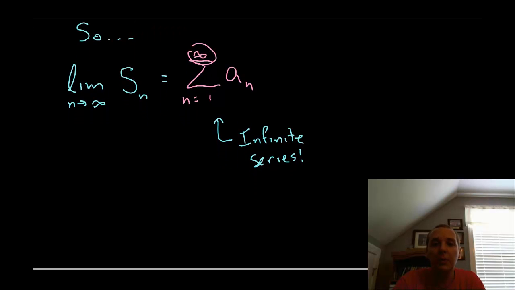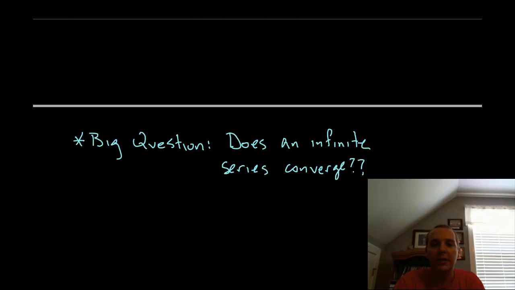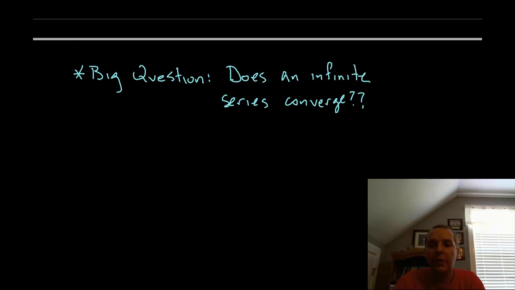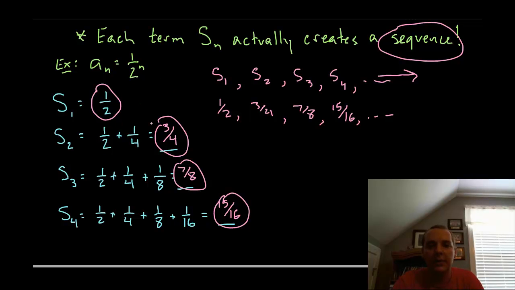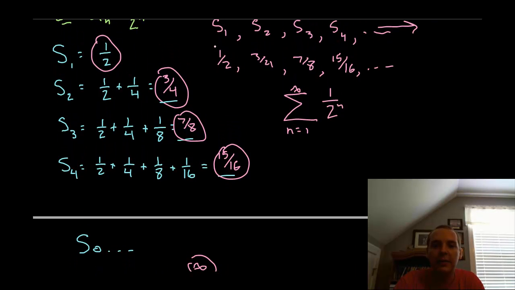Now the big question in the whole chapter on sequences and series is going to be, does this infinite series converge? Does it add up to a finite amount? If you look back at the series we were working on earlier, the series from n equals 1 to infinity of 1 over 2 to the n, if you continually added these terms up, plus another, plus another, I think it looks pretty clear that yes, this will converge.